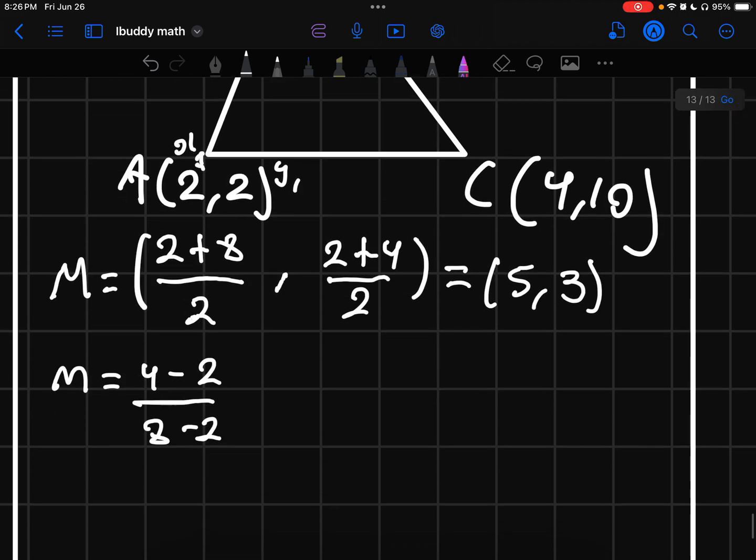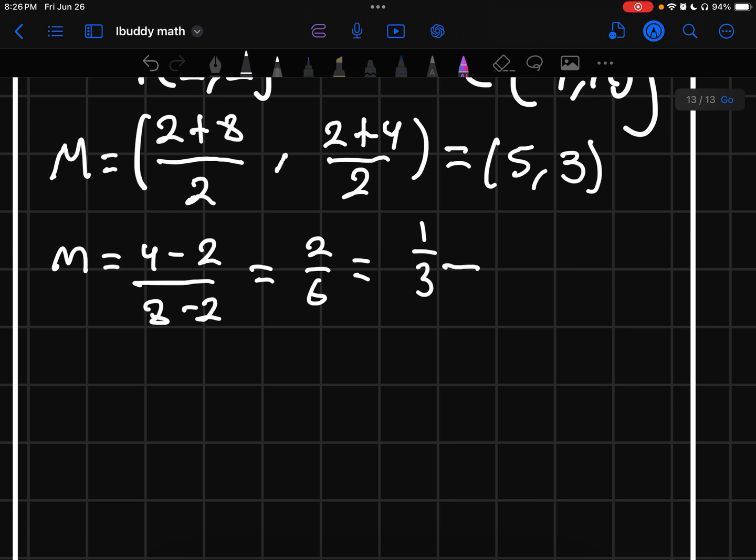So 4 minus 2 over 8 minus 2 is equivalent to 2 over 6, which is equal to 1 over 3. Then we have to make this a negative reciprocal, which turns it into negative 3.